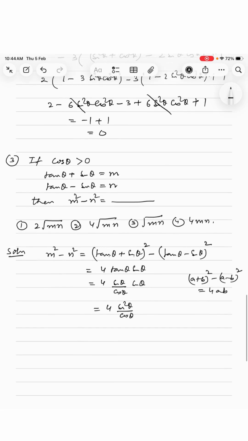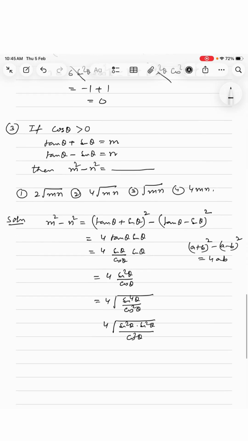Okay. This we can write as 4 into under root of sin to the power of 4 theta by cos square theta. You can take inside the root. Advantage is sin to the power of 4 theta, you can write it as sin square theta into sin square theta by cos square theta. This is 4 into root of sin square theta into, now sin square theta we all know it is 1 minus cos square theta.